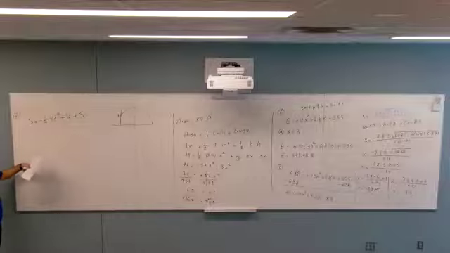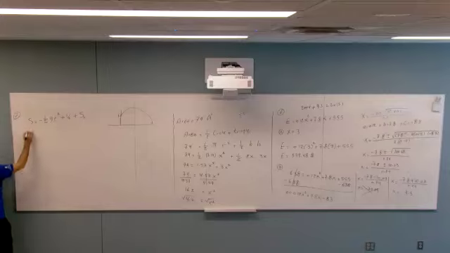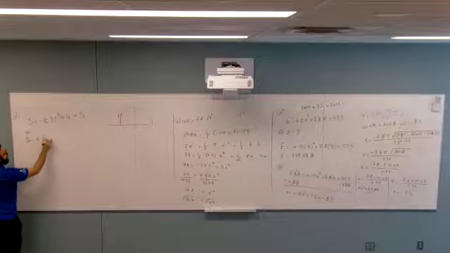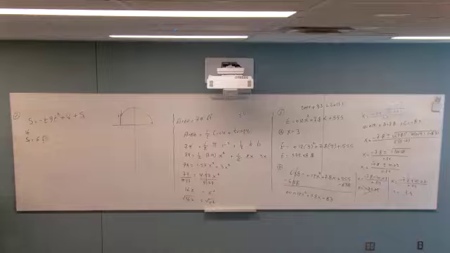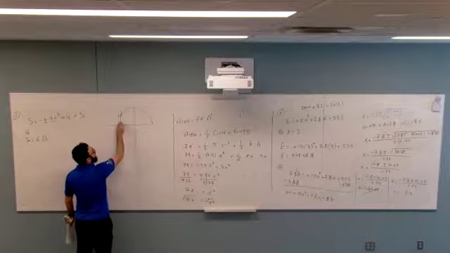Go ahead. So the arrow is shot from a height of 6 feet. That means the initial position is 6 feet, because they don't stand on the ground when they shoot the arrow.